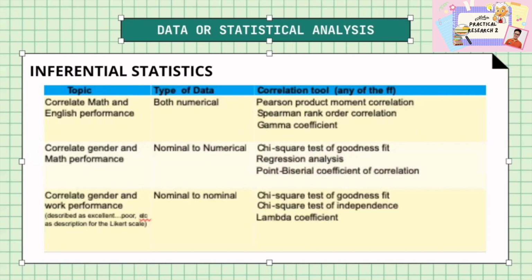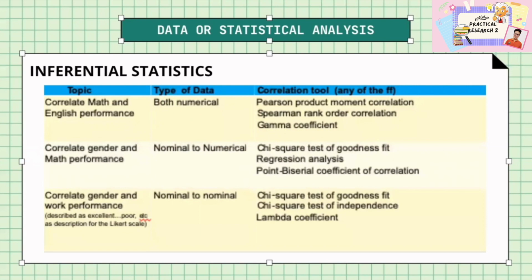Another example: correlate gender and math performance. Gender, male or female, is nominal, and math performance in terms of test score is numerical. So I will be using the chi-square test of goodness of fit, regression analysis, or point biserial coefficient of correlation.